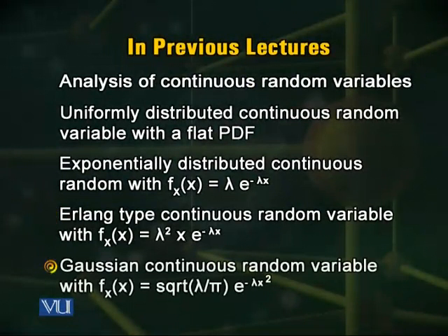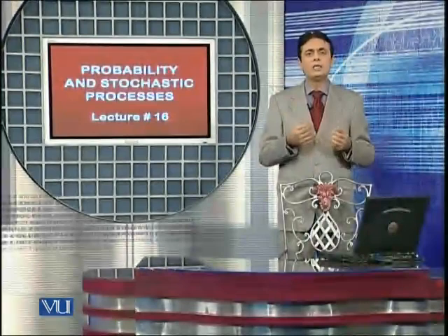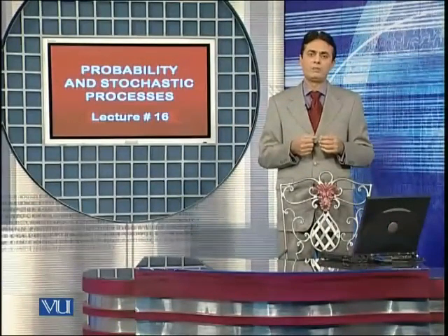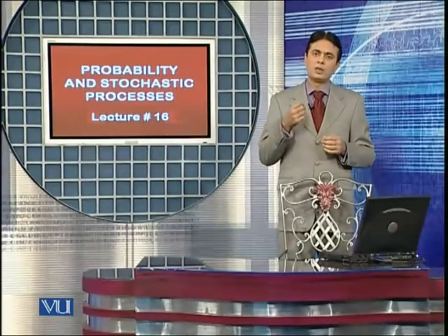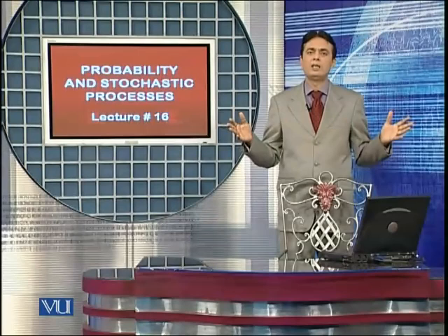Then we just touched the Gaussian random variable. One more thing about Erlang type random variable is that it is also defined for the positive real line, and the Gaussian random variable is defined over the entire real line.